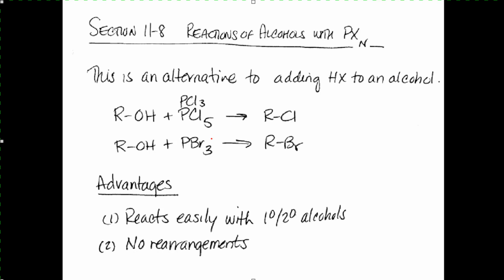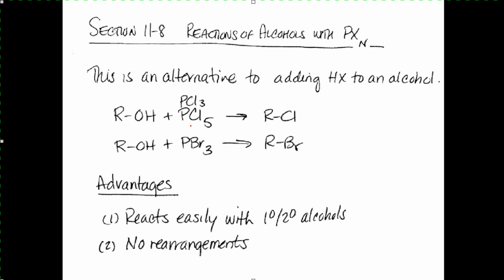Well, one of them is to react a phosphorus halide. And it could be PCl3, it could be PCl5, it could be PBr3: phosphorus trichloride, phosphorus pentachloride, or phosphorus tribromide. If you react those reagents with an alcohol, they will form the alkyl halide, either the alkyl chloride or the alkyl bromide.